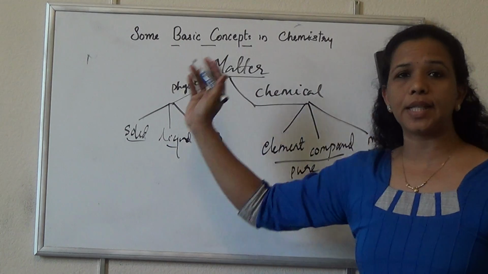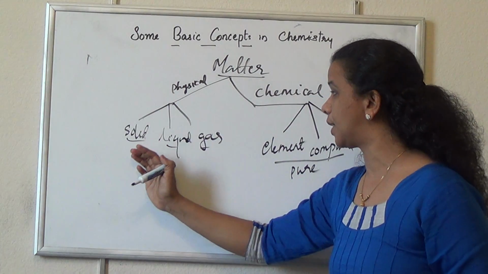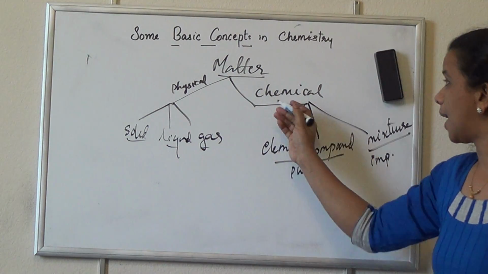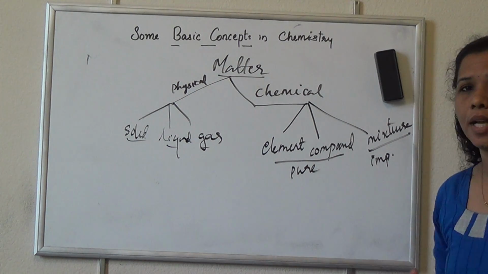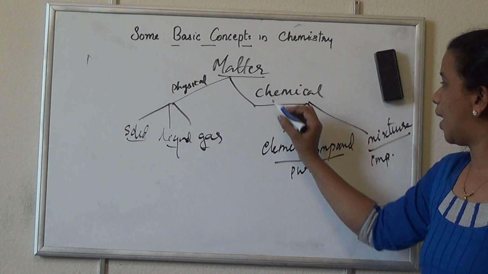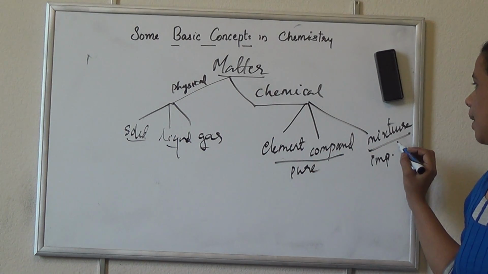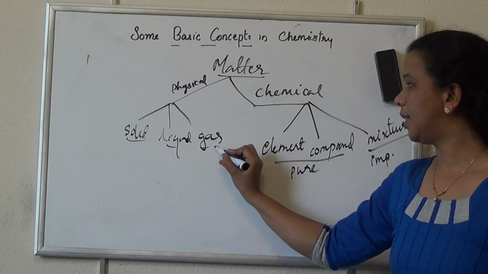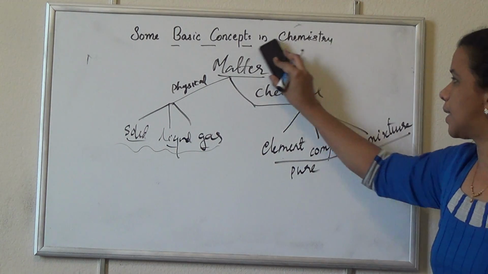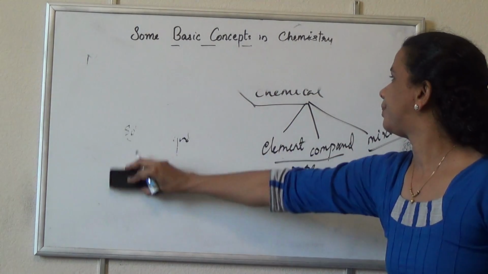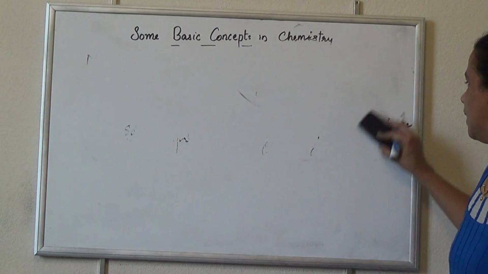So matter is physically classified into three types, solid, liquid and gas, and chemically classified into three types, element, compounds and mixtures. We will discuss all these chemical classifications, and this we will study in separate chapters later. So first we will discuss the chemical classification of matter.